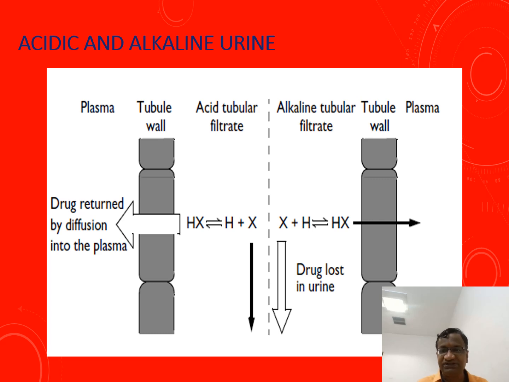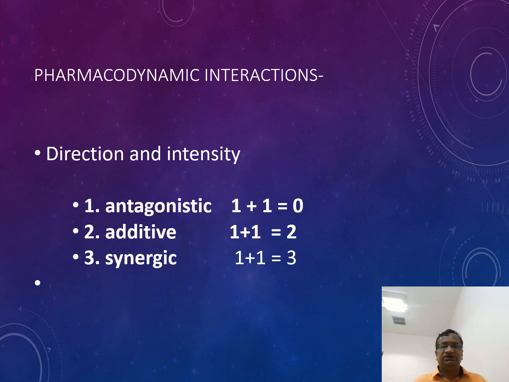Forced alkaline diuresis in barbiturate coma. So this is an elimination drug interaction between alkalinization of urine by soda bicarb and elimination of barbiturates. Now we have finished pharmaceutical and pharmacokinetics: absorption, distribution, elimination levels.